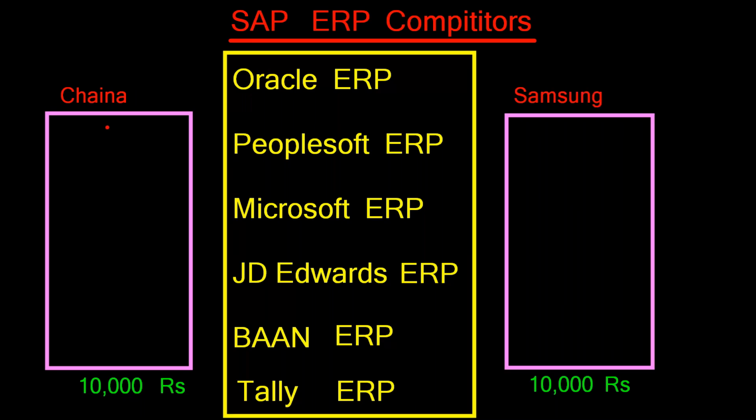In the China mobile, whatever we purchase with 10,000 rupees, it is not allowed. By default, we are getting some apps. I think 6 apps we are getting.